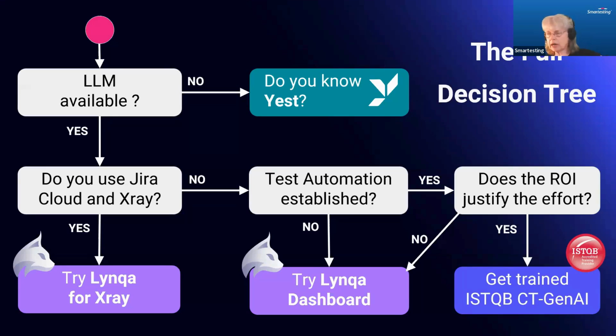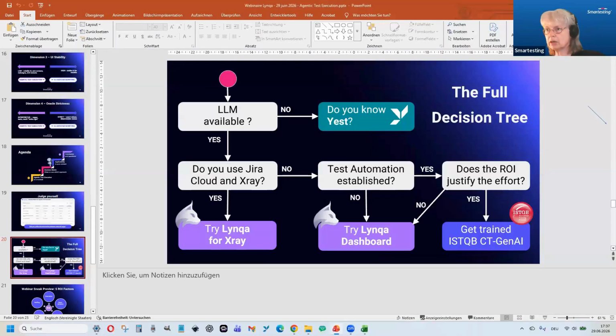If you don't have Jira Cloud and X-Ray, then the next question is, do you have an established test automation? If you don't have test automation, then scripted test automation is not really an option. So in that case, you should try Linker Dashboard. For Linker Dashboard, you need the link also. I should add it to my slides, by the way.